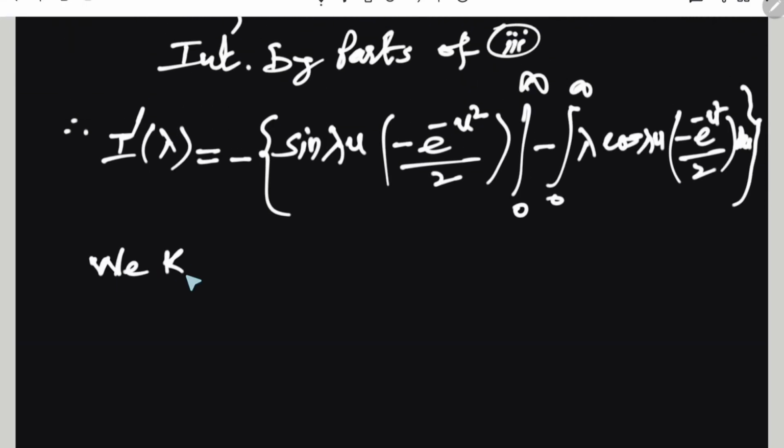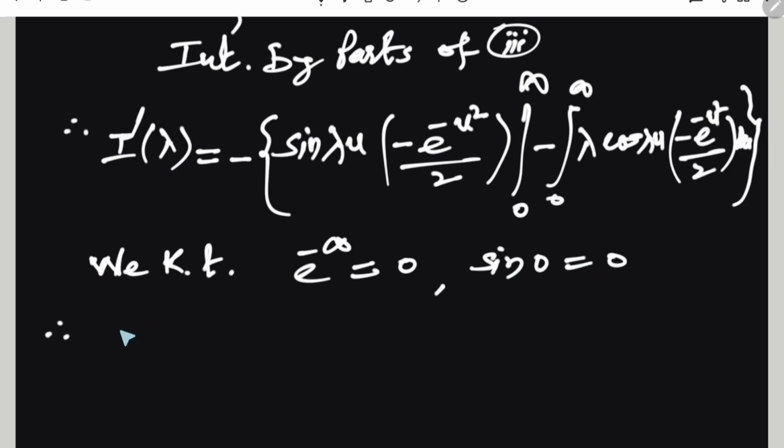Then substituting the upper and lower limit, we know the value of e raised to minus infinity as 0 and sin 0 as 0. Therefore, using these two values in that result, we get I dash of λ as minus, as it is, no change.